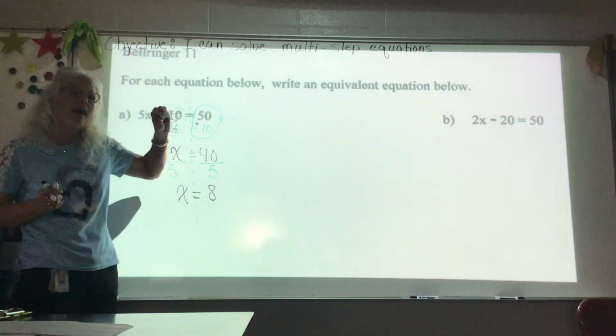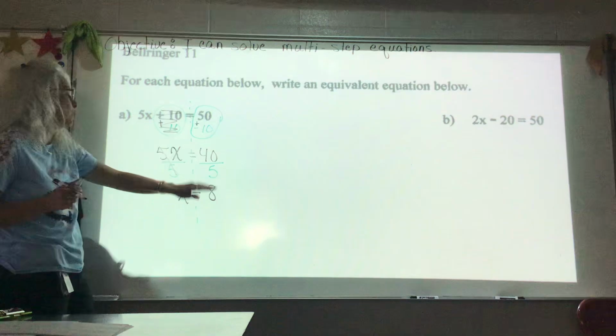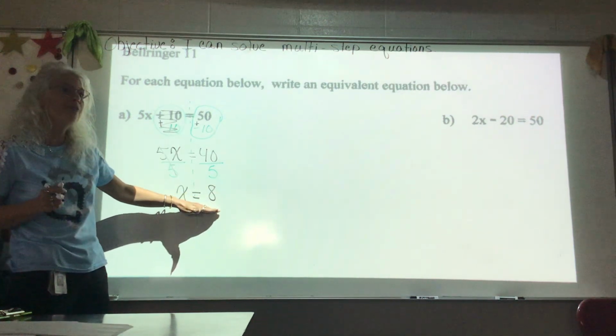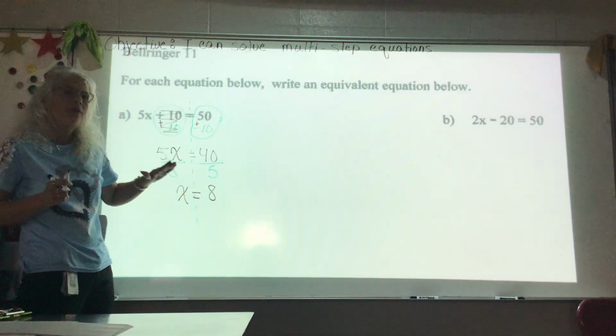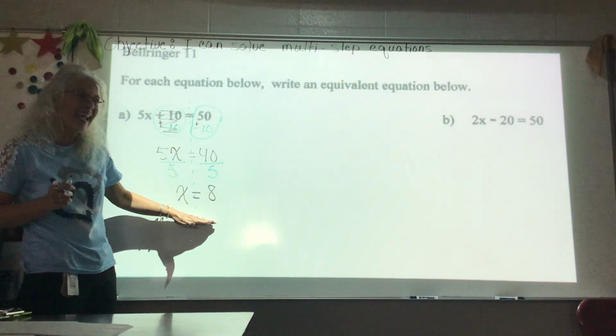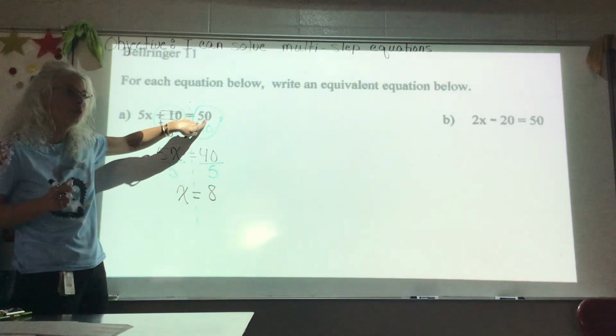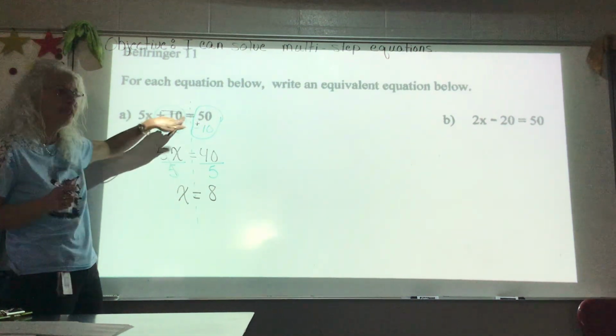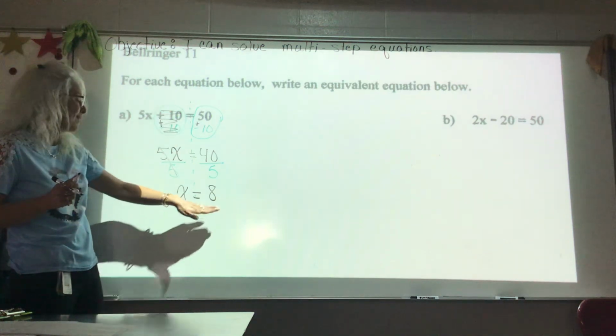So to come up with an equivalent equation, we need to write another equation that has 8 as the answer. Not what it's equal to at the beginning, because we have all this work that we need to do before we can solve it.